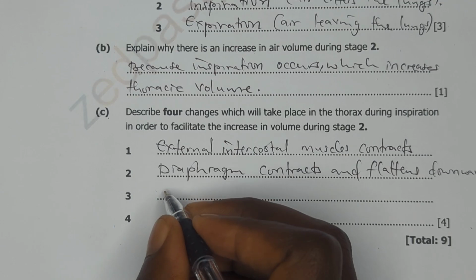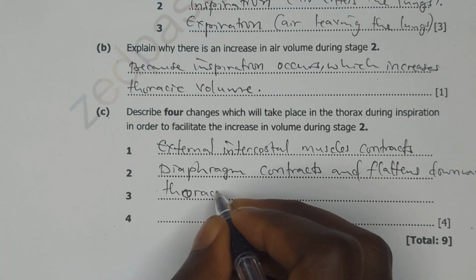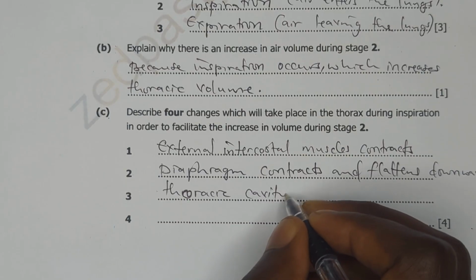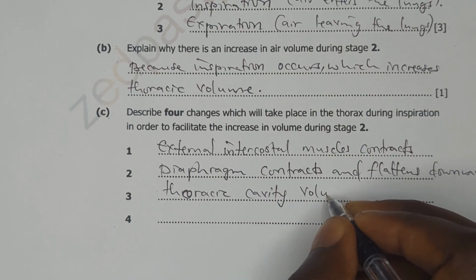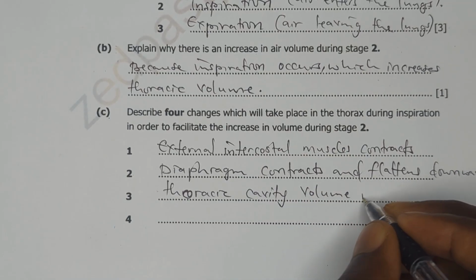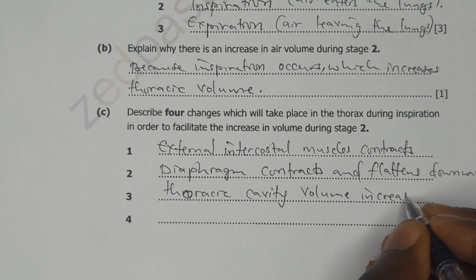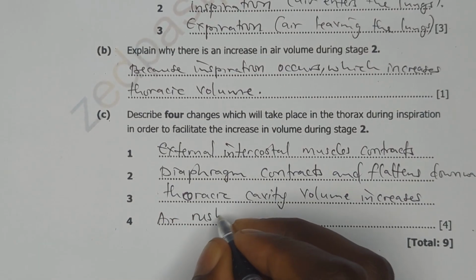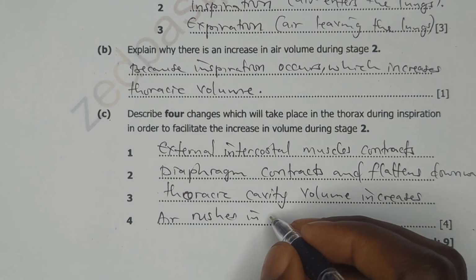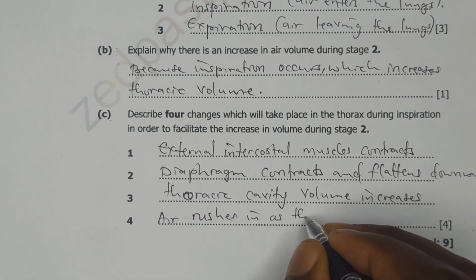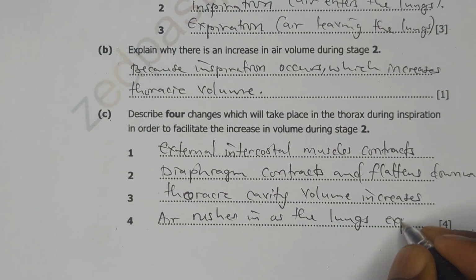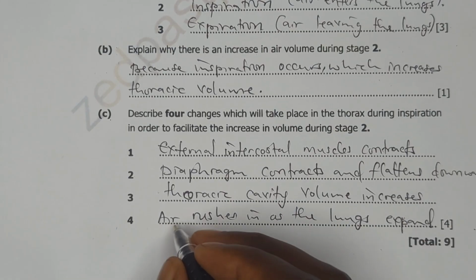So the other point, thoracic cavity volume increases. Air rushes in as the lungs expand to balance pressure.